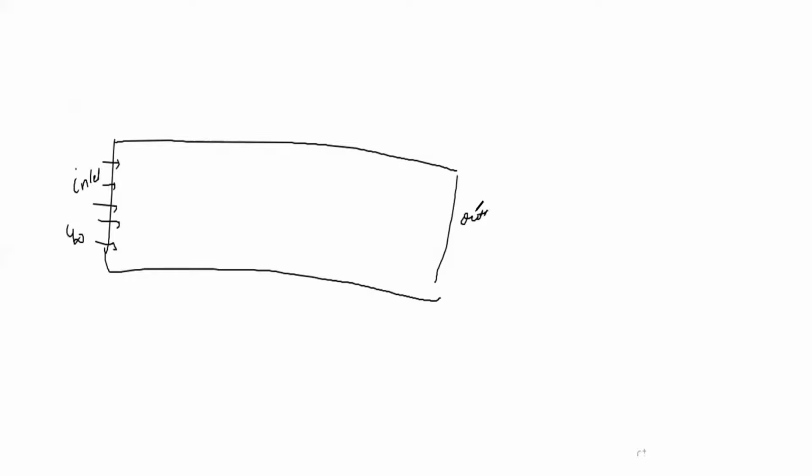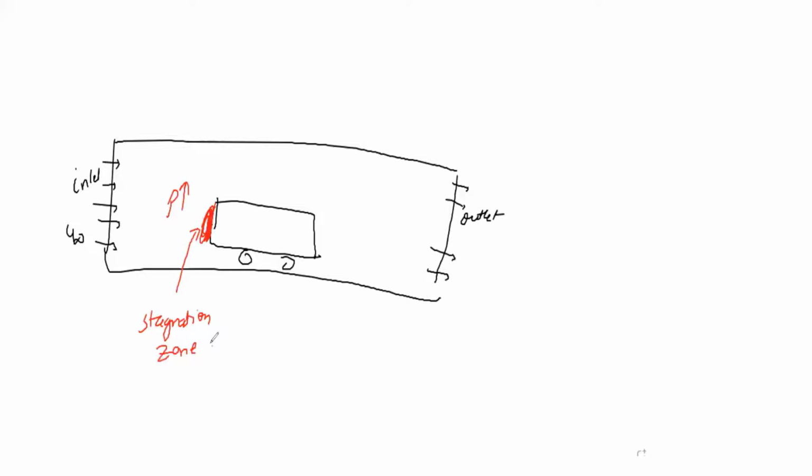This is your outlet, from here flow is coming out. This is your body. The flow will come and hit this surface, and here there will be a very large pressure, and that is why this point is called a stagnation point or stagnation zone, where there will be a high pressure.